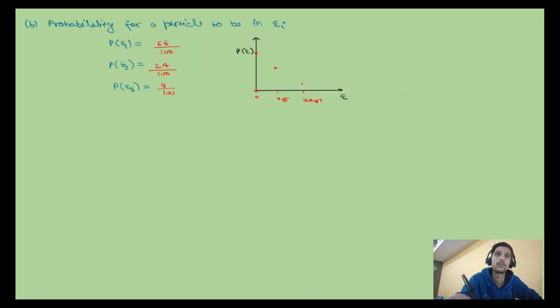If you plot this, you will get an exponentially decaying type function. So this is nothing but this beta e. This is the probability for these particles to lie in the energy state ei. So this is an exponentially decaying function of energy.